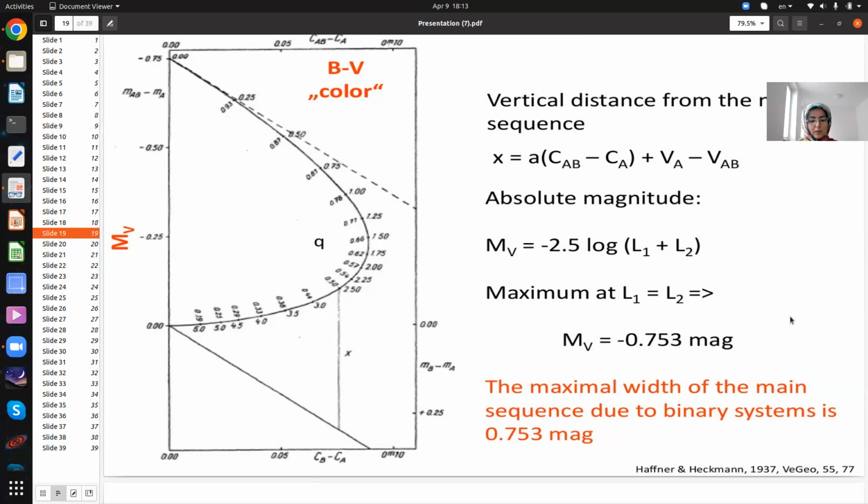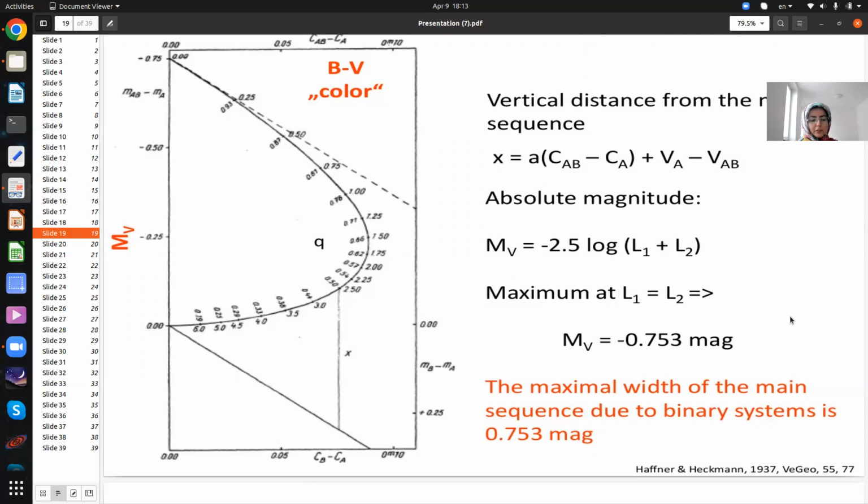For example, globular clusters are more dense, so we cannot measure proper motion, so we cannot correctly estimate the number of binaries in globular clusters. And all flux and magnitude are normalized to a distance of 10 parsec in astronomy, as I told you.